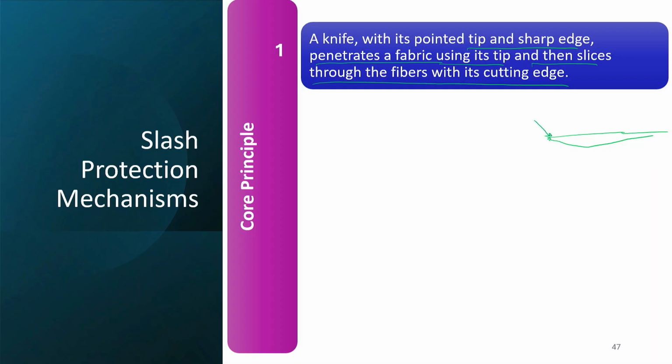The tip is used for the stab, and it goes perpendicular, but here the tip comes into the picture first, which creates a point and punches the fabric. Then the sharp edge, this is the sharp edge, actually slices through the fabric.